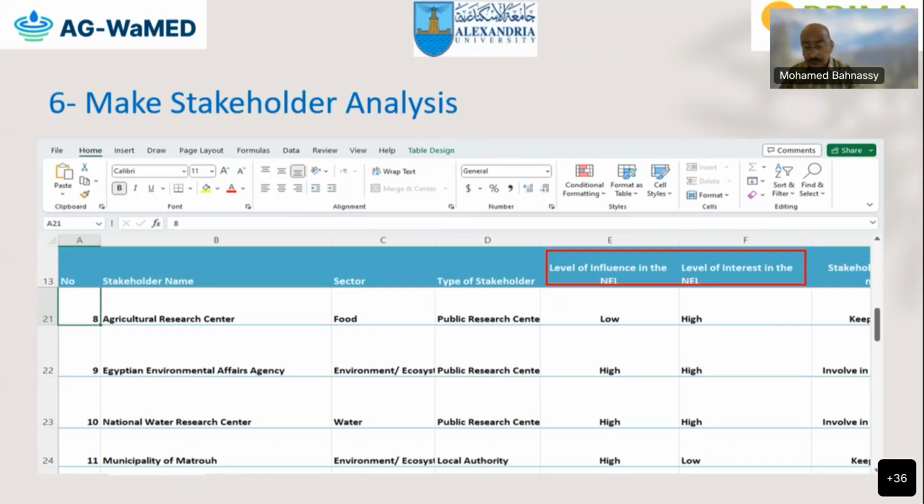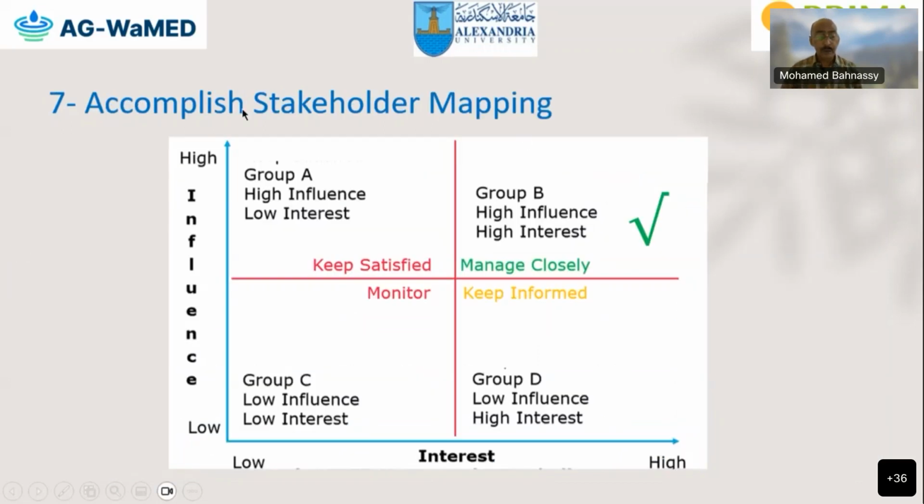For the next step, we concentrate on two characteristics. The first one is influence, and the second one is interest, in order to carry out the stakeholder mapping.